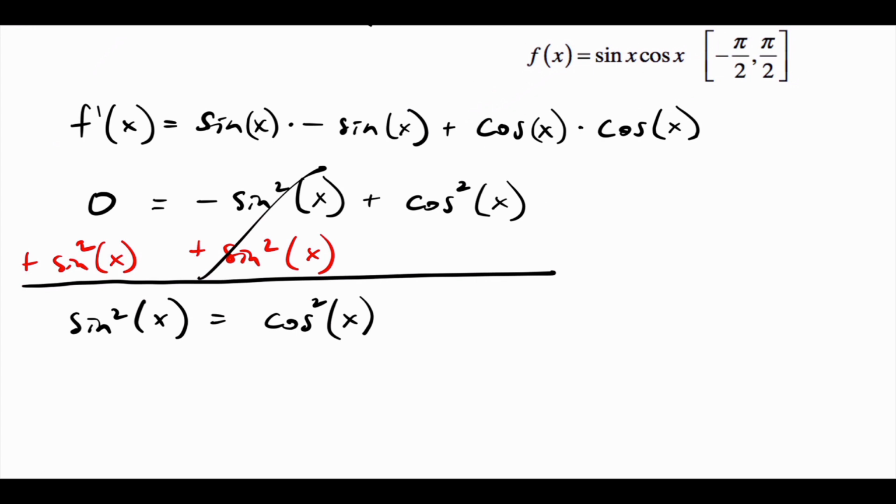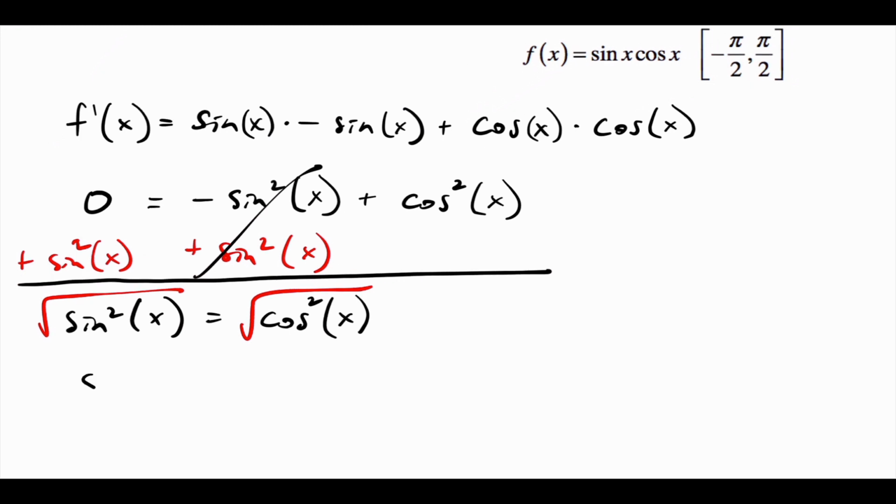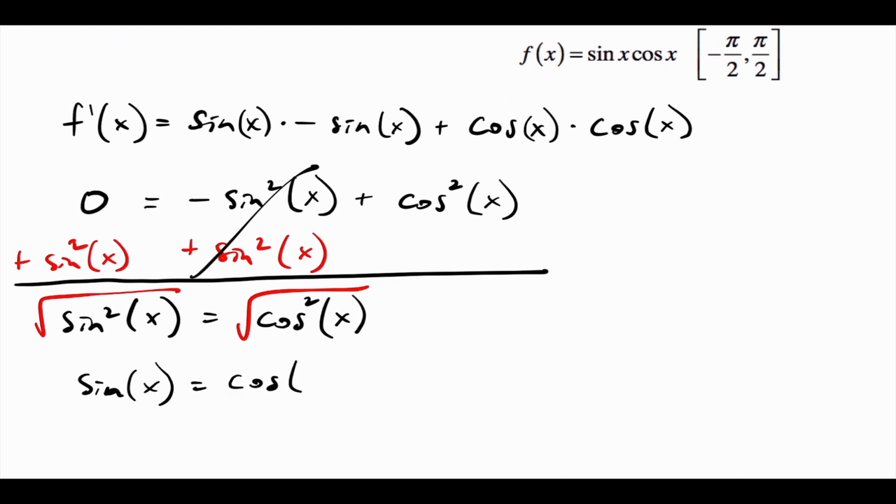Take the square root of both sides. The square root of sine squared is just sine. The square root of cosine squared is just cosine. That's about as far as we can solve it. I can't get x by itself. It just doesn't work that way.